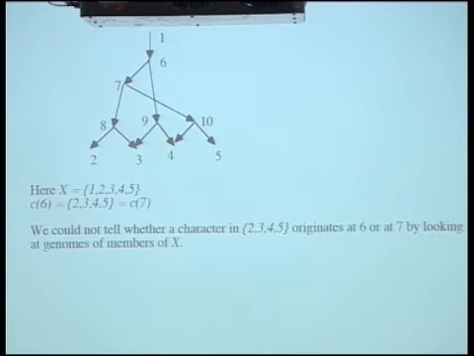So thinking back to what was meaningful for phylogenetic trees, we couldn't tell whether a character which is in 2, 3, 4, and 5, and nowhere else, originated at 6 or at 7 just by looking at genomes of members of X. It's a matter which is hidden inside all the extra vertices about which we have no direct information.